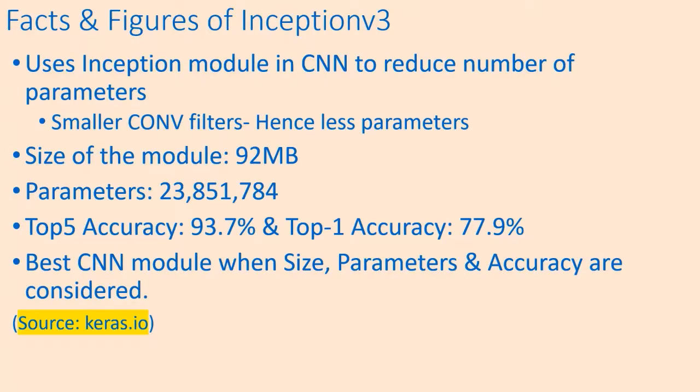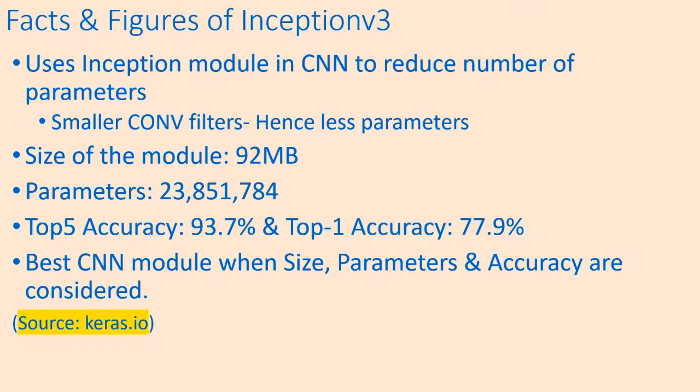The facts and figures of Inception v3 are shown in this slide. Inception networks use a special module called the Inception module, which is a combination of convolutional layers with different dimensions.